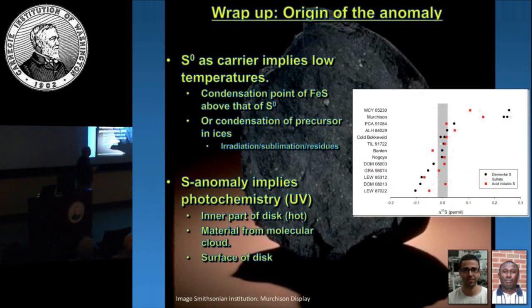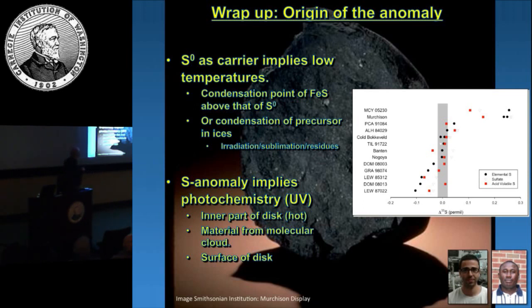And this is basically where I'll be almost wrapped up. The hypothesis so far, and Gibran had talked a lot more about this, and I can talk much more about it, about different models and ideas about what we think the chemistry is, is that elemental sulfur as a carrier, or elemental sulfur precursor as a carrier, would imply low temperatures.